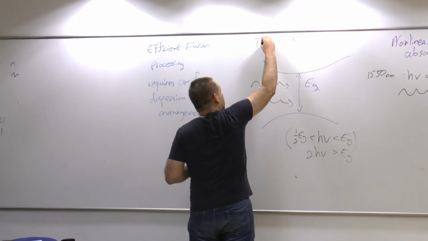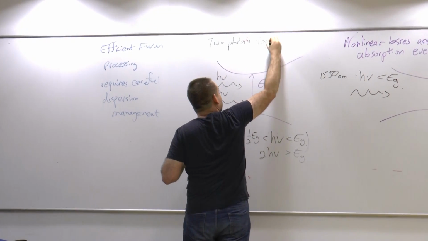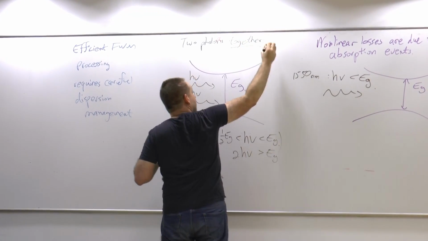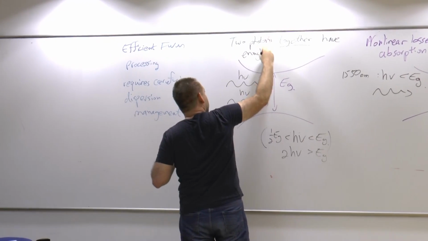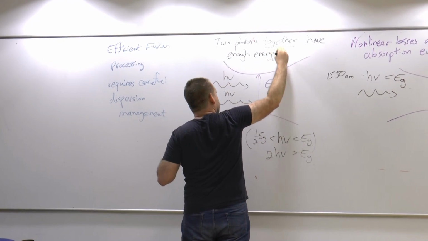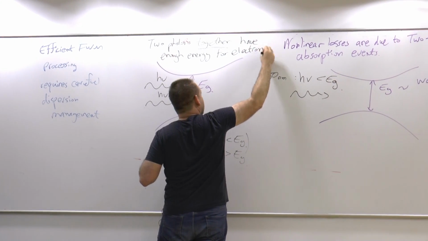The two photons together have enough energy for an electronic transition.